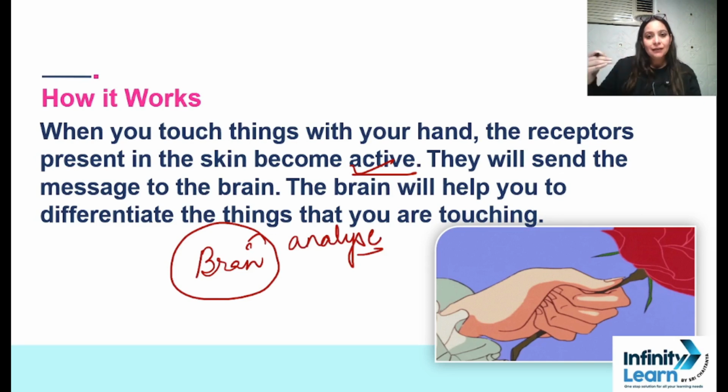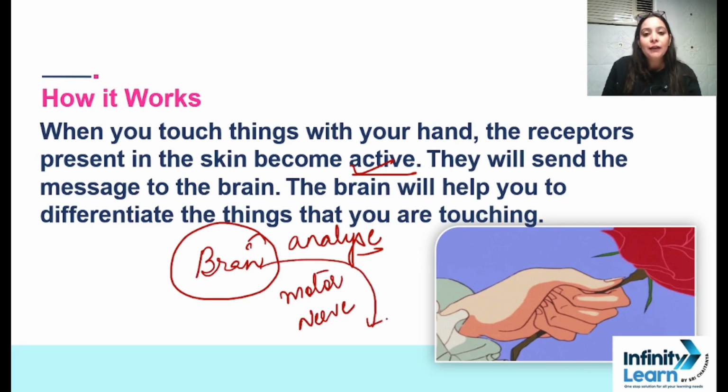How will it respond? It sends its response through a motor nerve, the nerve which brings the response from the brain to the organ. Then your muscle will contract and the hand gets withdrawn. So when you touch something hot, the receptors sensitive to heat get activated and send the impulse to the brain through a sensory nerve, the one which takes the impulse from the sense organ.